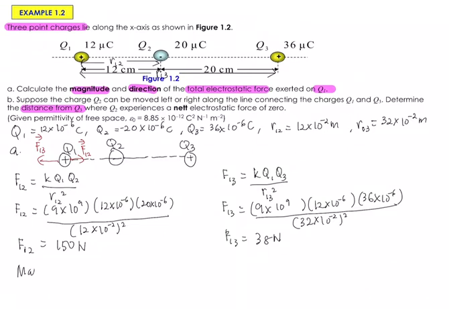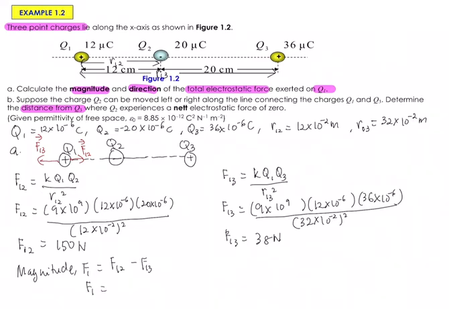To find the magnitude, F1 will be equal to, as you can see here, F12 and F13 are in opposite directions, so it will be F12 minus F13.